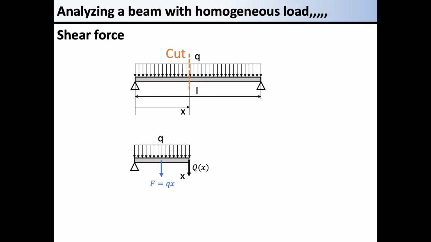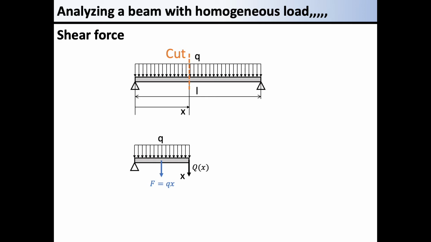We are now cutting this beam at x on the x-axis, and then consider the balance of forces at the cross-section. We have cut the beam at position x. Total load of Qx, distributed load, is acting downward. So we can assume that the total load Qx is applied to the center of gravity.